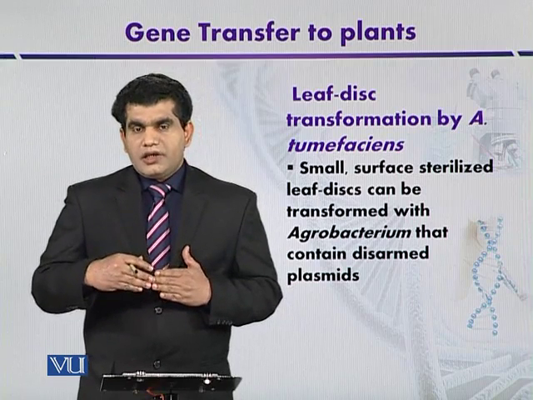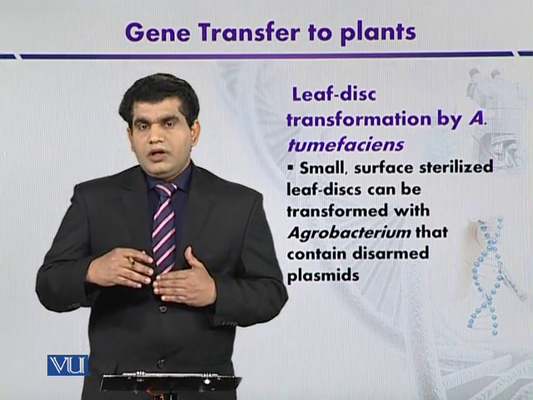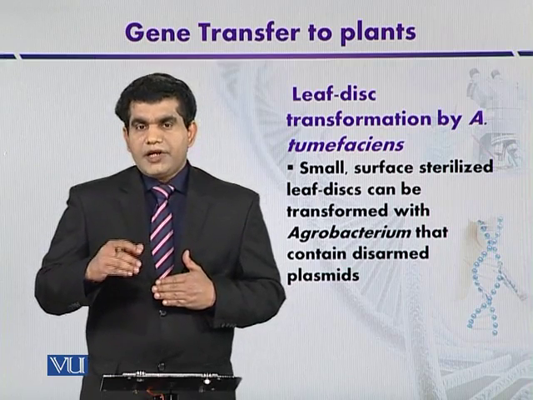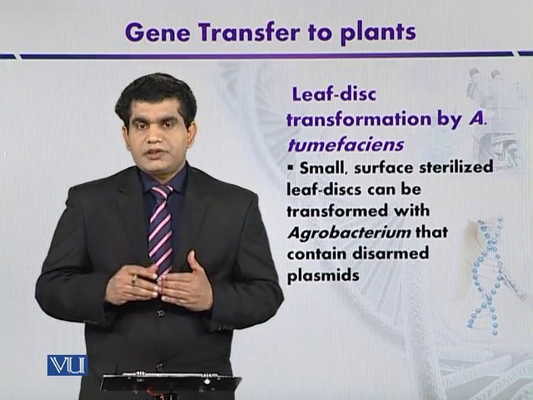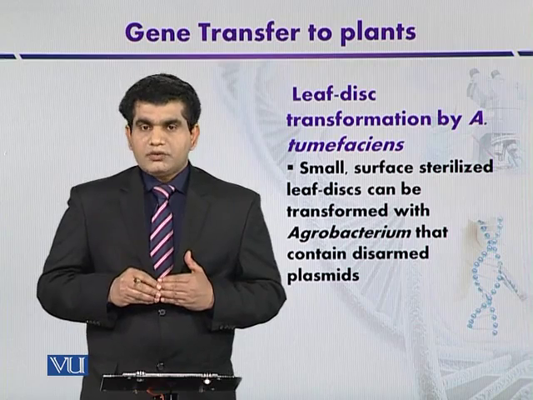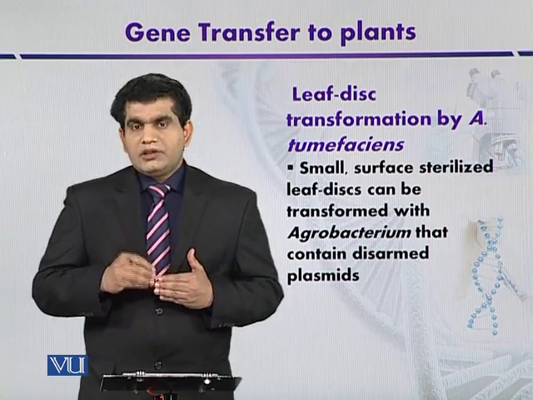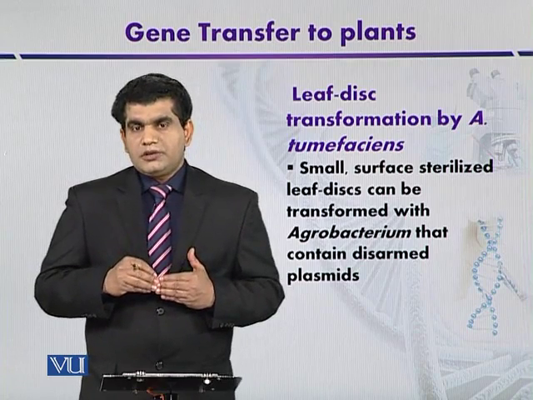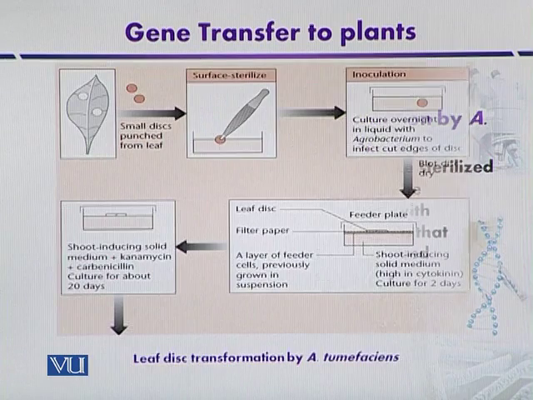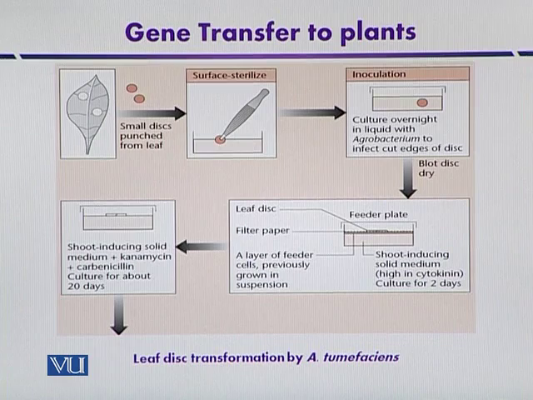So again, we are going to focus on the basic strategy of how leaf discs can be transformed by using Agrobacterium tumefaciens that contains disarmed Ti plasmids. In this case, the leaf discs can be prepared from the leaf tissue and then surface sterilized.